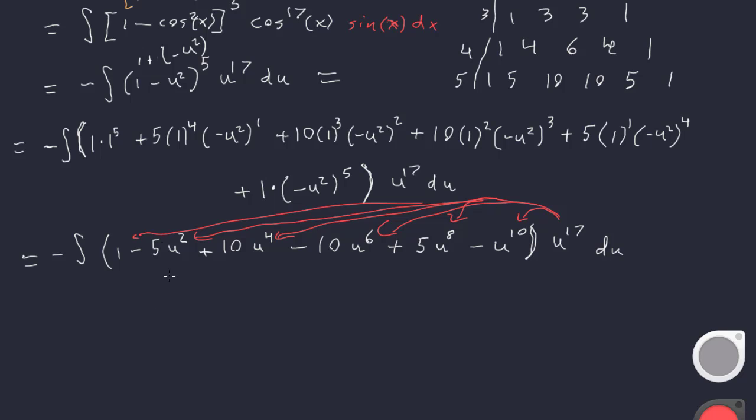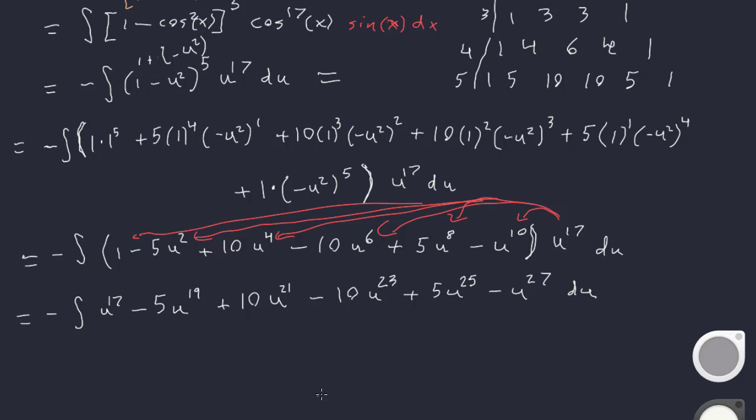So when we do that, it'll be u to the 17th, minus 5 u to the 19th, plus 10 u to the, what would that be, 21, minus 10 u to the 23, plus 5 u to the, I think that'll be 25, and then minus u to the 27, if I did all of that correctly.